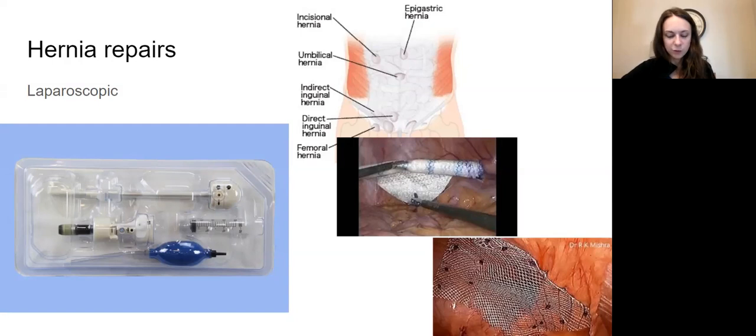On your ventral hernias, on that one, pay attention to where it can present. So it can present along that linea alba line or the semilunar lines. Do you see where in parentheses it says Spigelian hernia? So this name, I want you to go hand in hand with this ventral hernia.